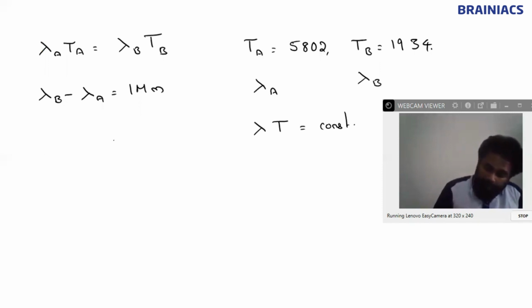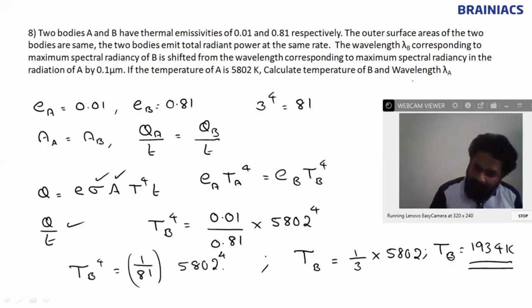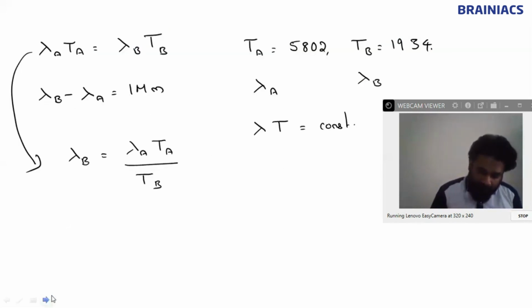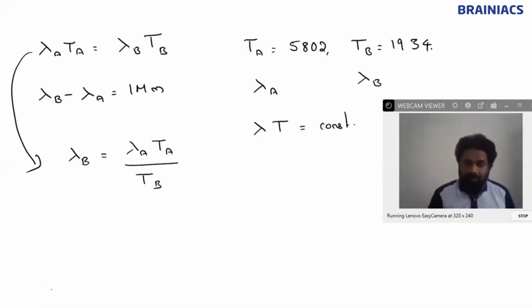Now from this, we can write lambda B is equal to lambda A TA divided by TB. See what they are asking? We need to find the wavelength lambda A. Lambda B is also not given actually; both are not given.